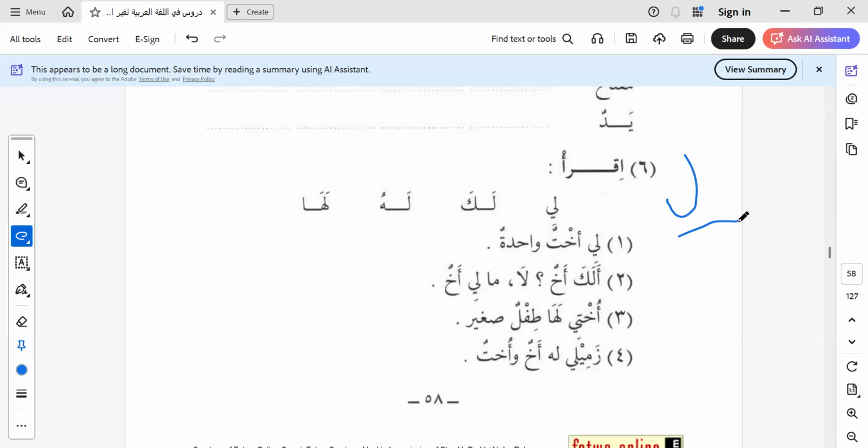So that's the difference. Now, brother, sister, daughter, and all of that, they are living things. So we have to use something different for them. So you say alaka akhun, li akhun. Yeah? Li ukhtun wahida. I have a sister. So you don't say li sayyara. Even though it has the same meaning, you don't use it like that, right?